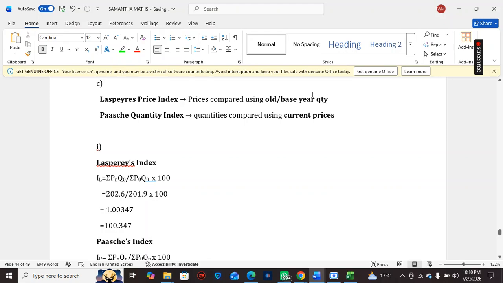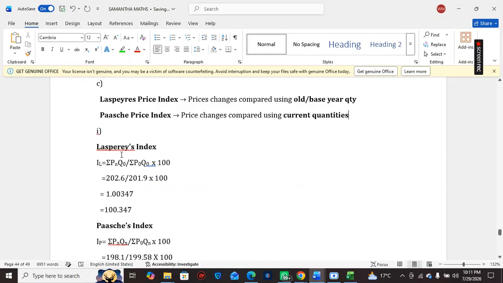Paasche's price index: we're measuring price changes compared using current quantities. Colleagues, you're just flipping things.